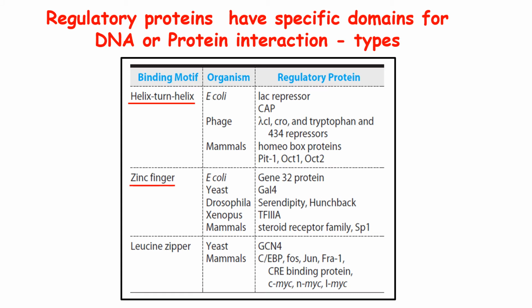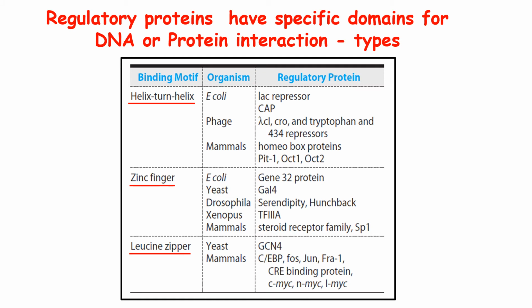Then there is the zinc finger domain. The zinc finger domain is present in E. coli, yeast, Drosophila, Xenopus, and mammals. The common examples of regulatory proteins having zinc finger domains are transcription factor 3A, and the proteins of the steroid receptor family also consist of zinc finger domains. Then there is the leucine zipper motif.